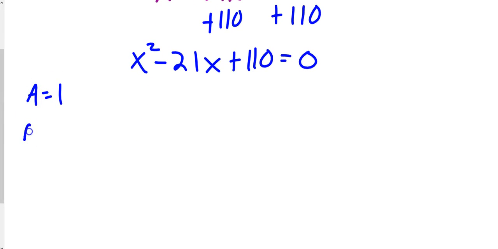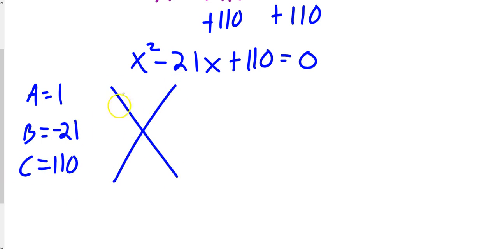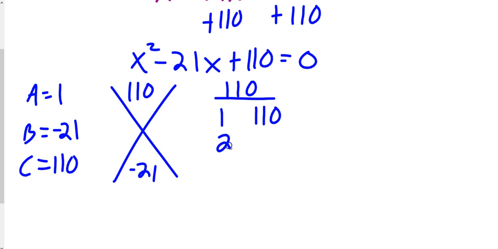So your a is 1, your b is -21, your c is 110. X game: 110 up top, -21 down below. So we need the factors of 110. Well, here they are. Factors of 110 are 1 and 110, 2 and 55, 5 and 22, and 10 and 11.